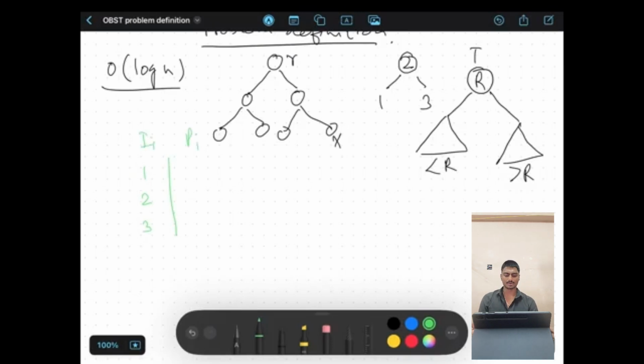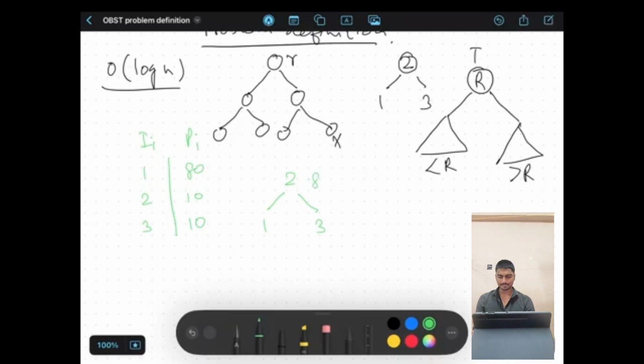Now if we calculate the time complexity considering this, the total number of operations we are going to do is: the probability of 2 is 0.8 and the search time is 1, since when we start our search the root is the first position.